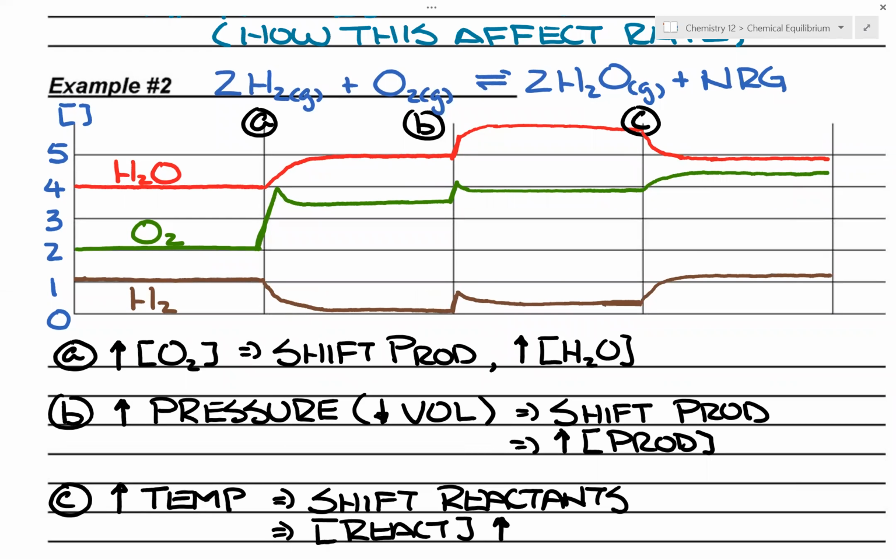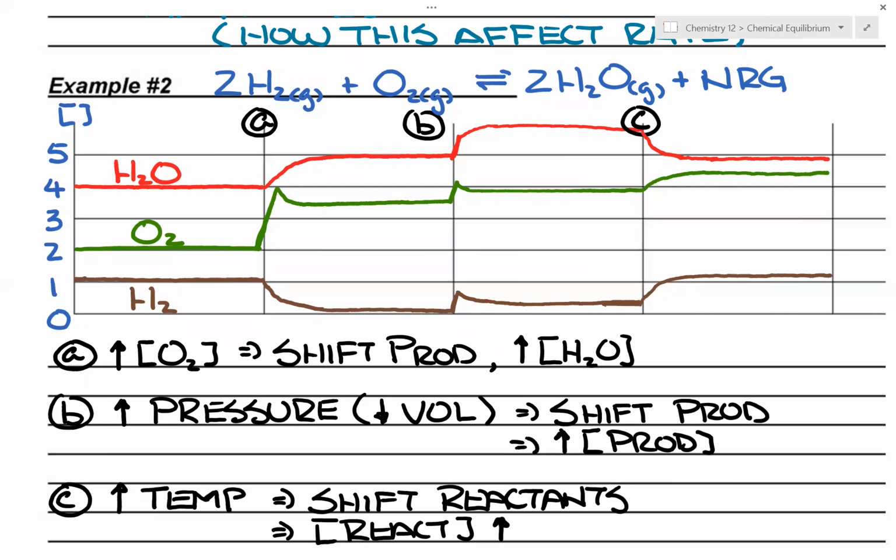Okay. Now, but you should notice the difference between A, B, and C. Notice how to indicate the difference between a change in concentration, change in pressure, and change in temperature. When you have a change in concentration, there's only one peak, either in the reactants or the products.